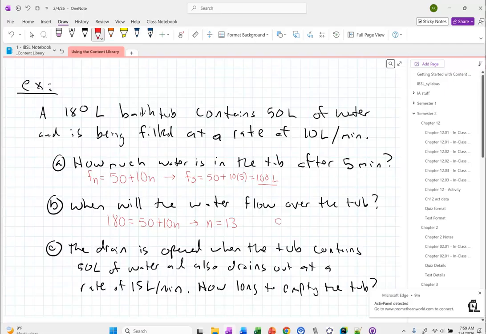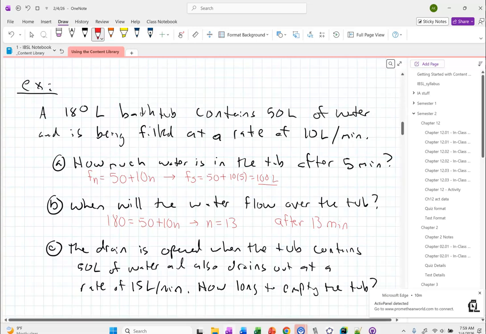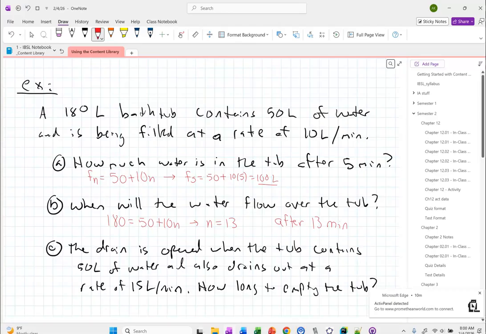How about we just say after 13 minutes? How's that sound? Just use some English language there. The point at which the tub is full is at 13, so any time after 13, that's overflowing.